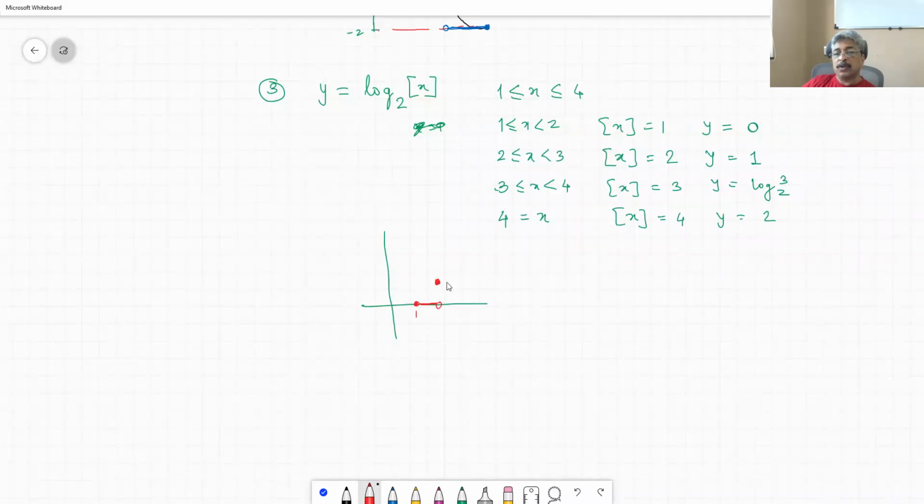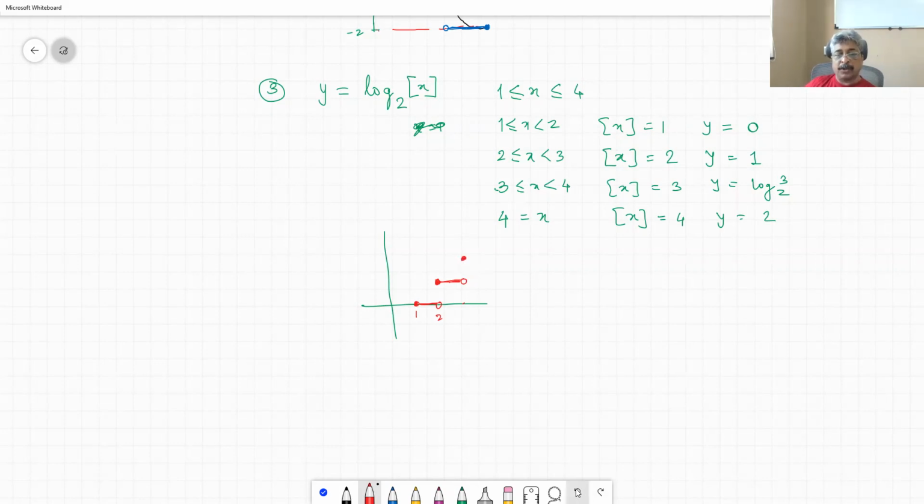That's it. We will continue up to 3. When x is equal to 3, it is a dark circle here.